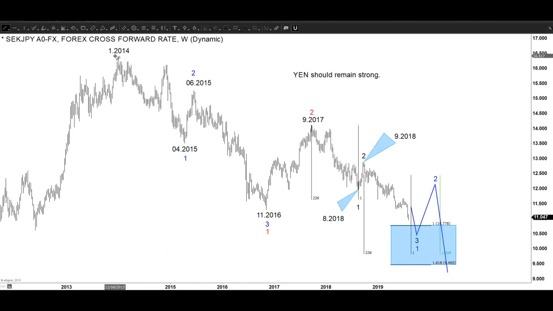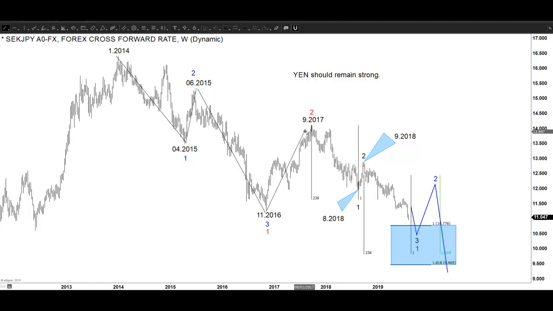From 2014, you can see 1, 2, and 3 in black and blue over here. It's a middle degree, with 3 swings in blue: 2014, April 2015, June 2015, and November 2016.